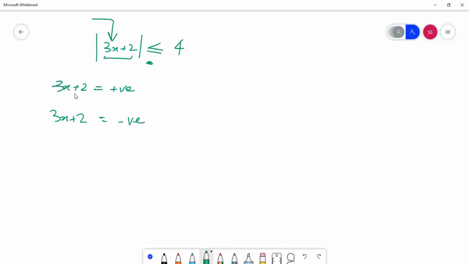Because if this is negative, still that will come out to be positive because we're using the absolute value sign. And if this is positive, then it is obviously positive. Absolute value is going to give you positive for the positive and positive for the negative also.